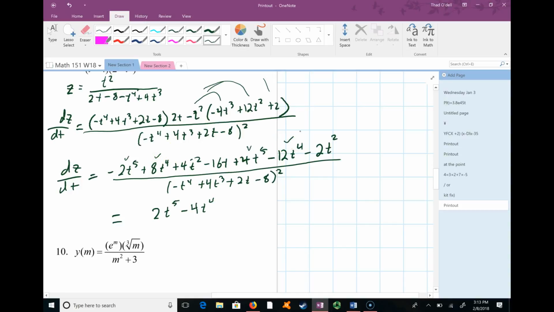And then I got a 4t squared and a negative 2t squared, that'd be a positive 2t squared. And then it'd just be a minus 16t. And all that is still over negative t to the fourth plus 4t cubed plus 2t minus 8, whole thing squared.